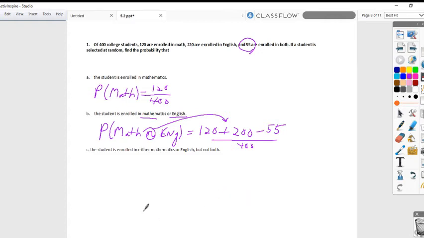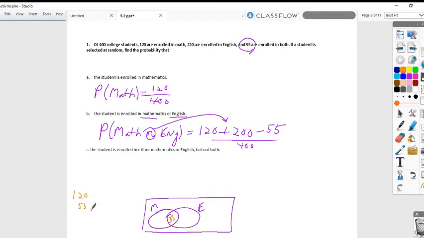All right, so let's go down here and set up a Venn diagram for it and show you the Venn diagram way. So we have math, and we have English, and I'm going to change my color. I do my overlap first, so that's 55. Now, total math is 120, so I've got to subtract that out. 120 minus 55, so I have 65 people here, because my whole circle has to add up to 120, and I already have 55.